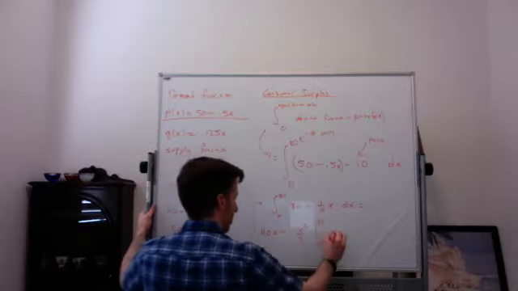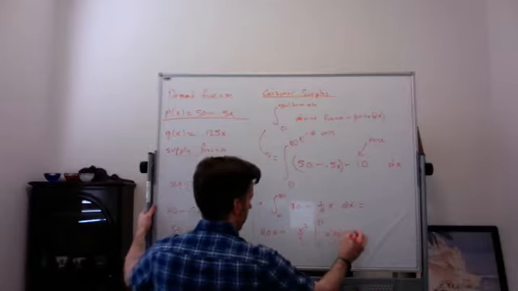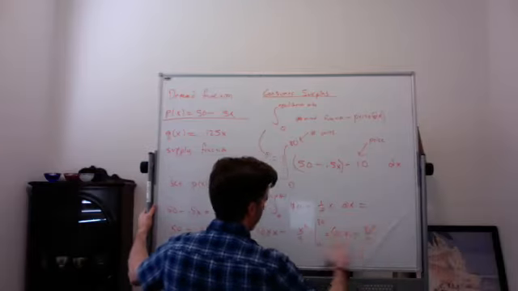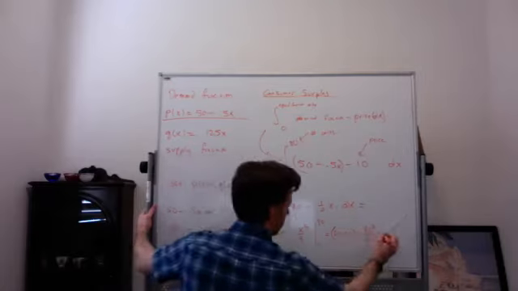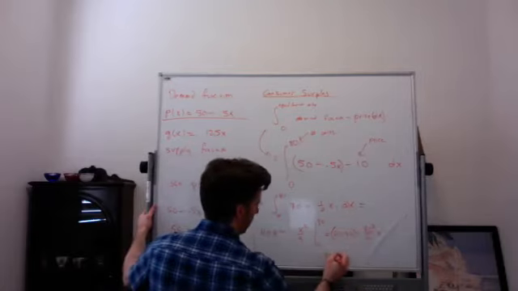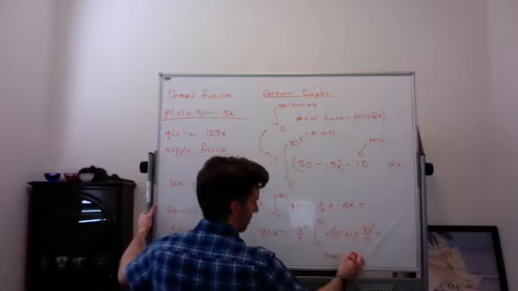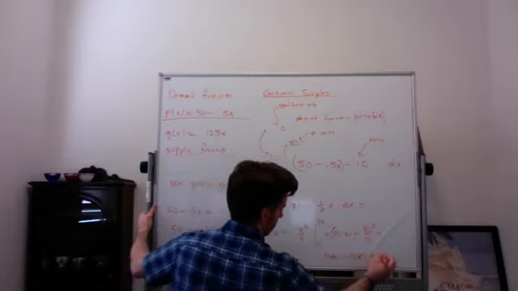Plug in 80 and you get 40 times 80 minus 80 squared over 4, minus 0. 40 times 80 is 3,200. 80 squared is 6,400, divided by 4 is 1,600. So you get 1,600.